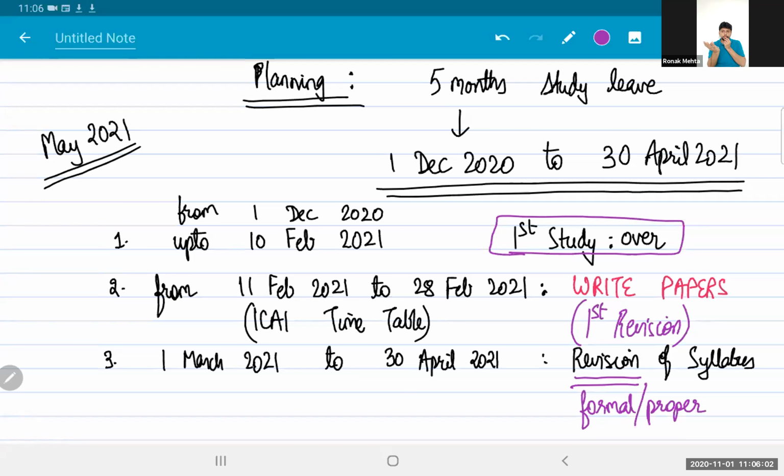So if a student thinks he's revising the subject twice after studying it once, if you can call this paper-writing a revision, you are revising it twice. ये तुम्हारा broad targets है. That is why it is very essential for you to finish off everything by 10th of February, so that you have 16 to 18 days to write papers and you have a full-fledged 2 months to revise the 8 subjects.